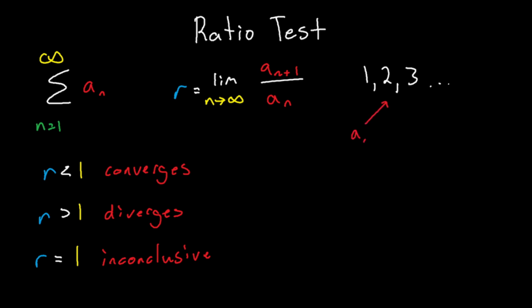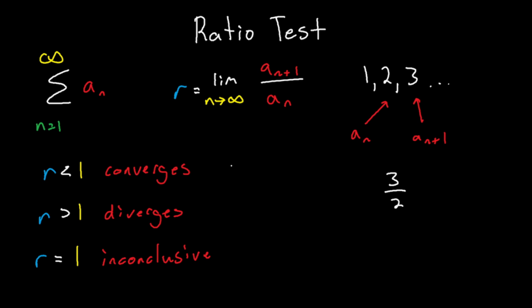If this was a of n, and this is a of n plus 1, we put a of n plus 1 over a of n, what do we get? We get 3 over 2. Well, that means a of n plus 1 is greater than a of n. So the next number in your sequence is greater than the previous number. And if that is the case, then that means your series is increasing.